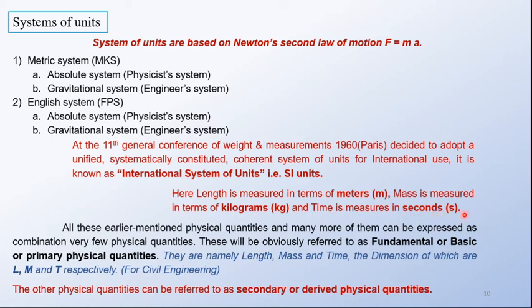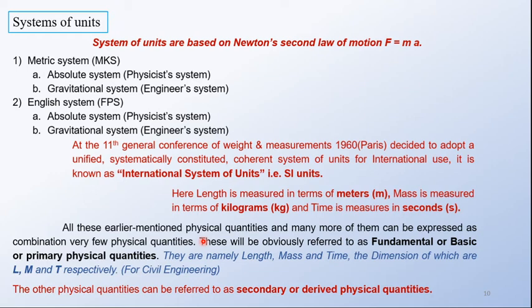Now all these earlier mentioned physical quantities, that is in earlier slides I have shown many physical quantities, and many more of them can be expressed as a combination of very few physical quantities. The simplest example, length is measured in meters, whereas area is measured in meters square, volume is measured in meter cube.